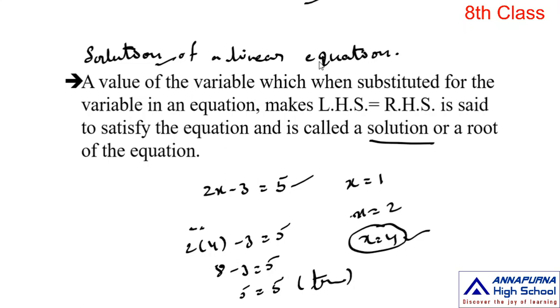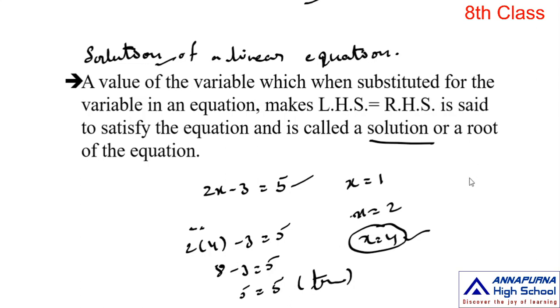Now let us move to how to find the solution of a linear equation in one variable. What are the methods? Here I already solved one linear equation in one variable. To solve this equation I did one thing: I took different x values in that equation, substituted them on the left side part, and verified whether it is equal to RHS or not.